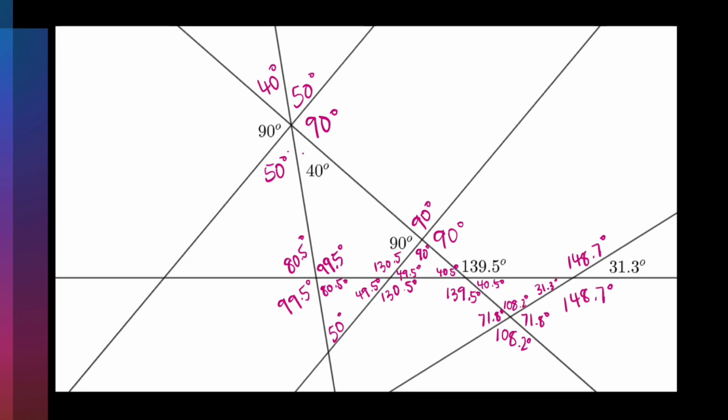Okay, so I have 180 minus 50 minus 80.5 is 49.5. Oh, I need my pen for that. And then one more time, I just have to do 180 minus 49.5 is 130.5 degrees. Isn't that super cool?